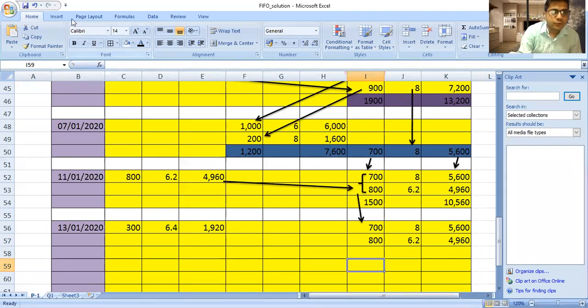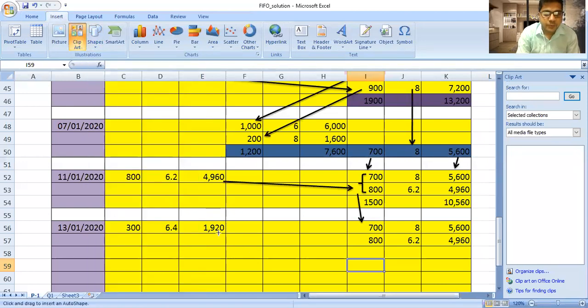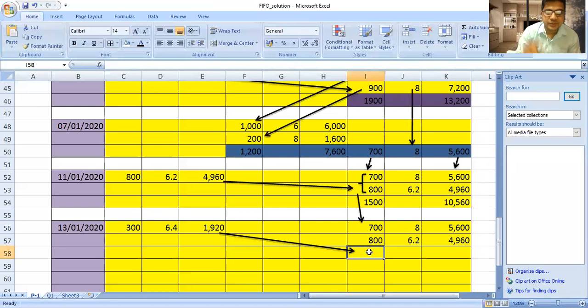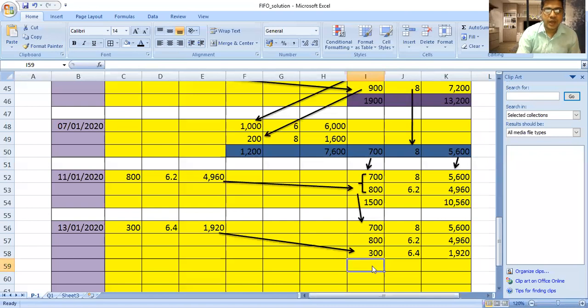Now we have to write the new purchase value here. It means we have three rates of purchases. 300, their rate is 6.40, and their value is 1920. So we have to find out the total amount of purchases, the total of closing balances.